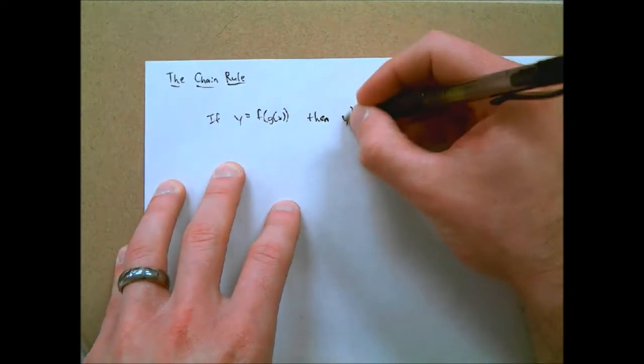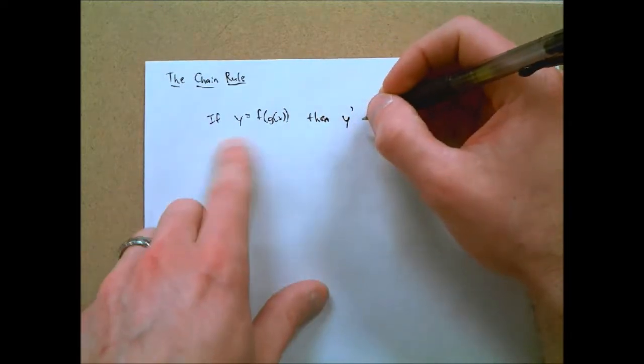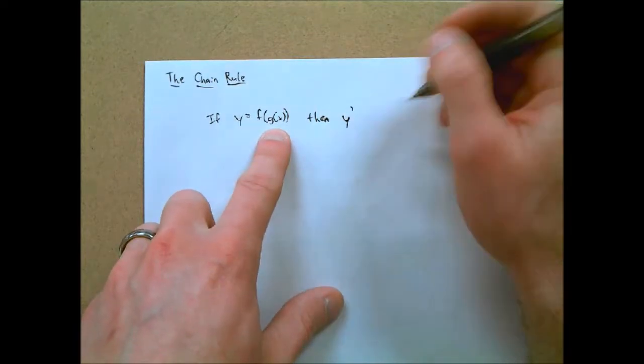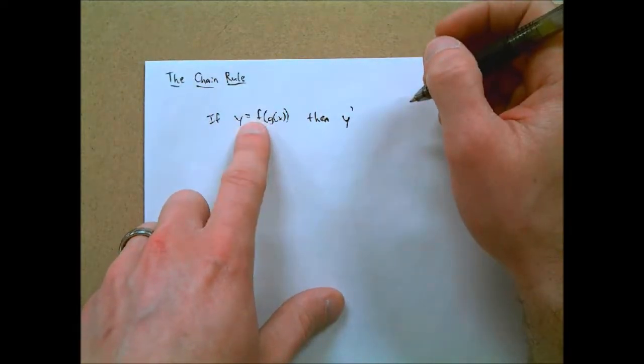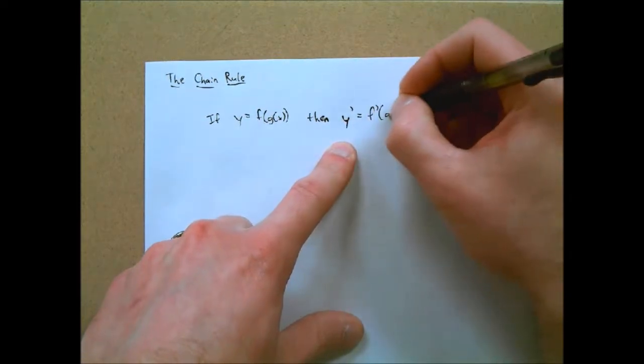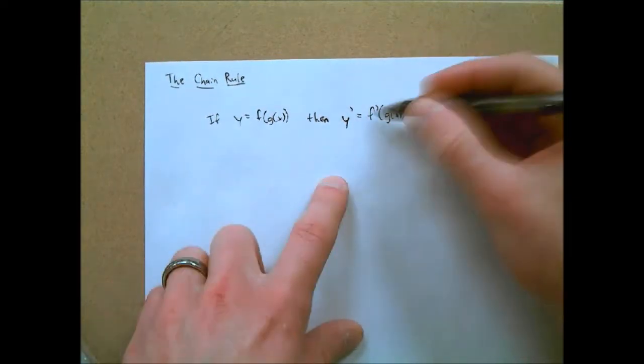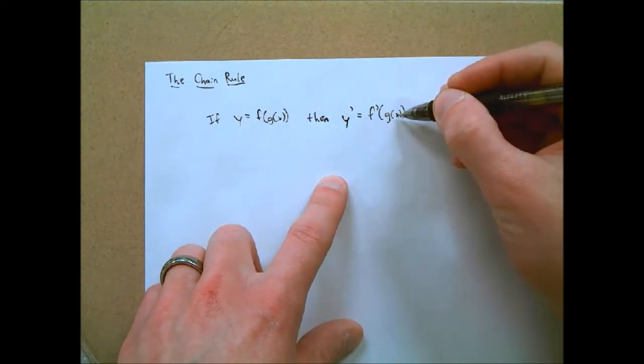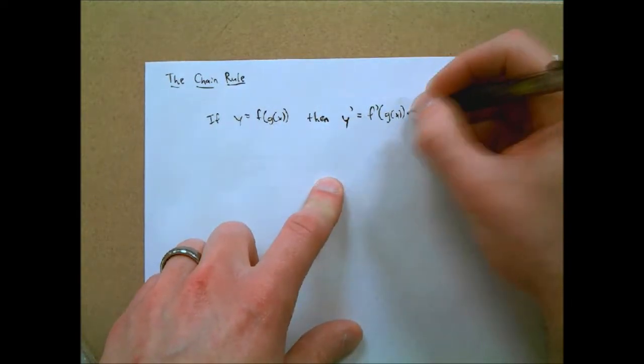If y is equal to f of g of x, a function inside of another function, then y prime will be f prime of g of x, so the derivative of the outer function, leave what's inside alone, but then multiply by the derivative of what's inside.